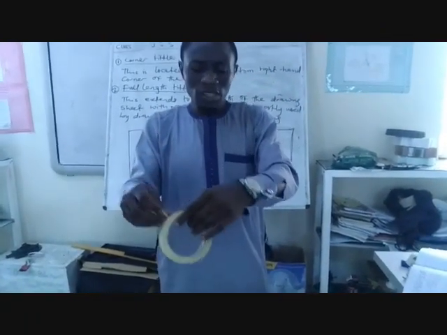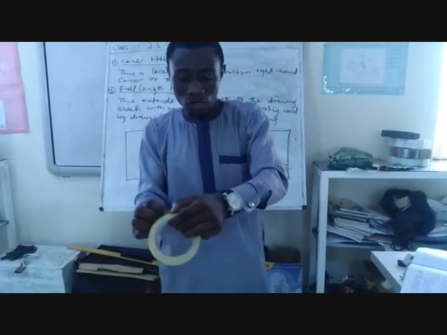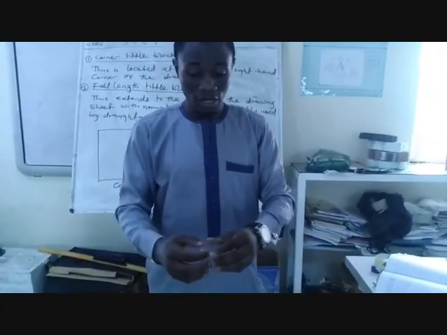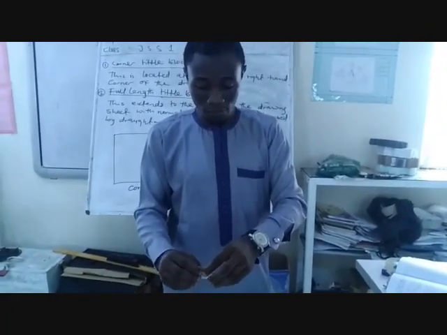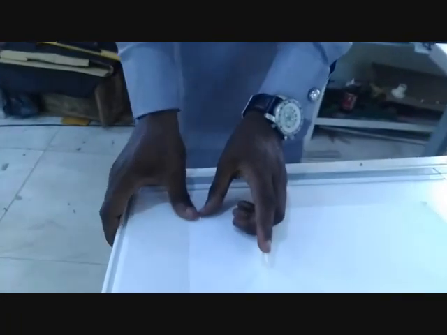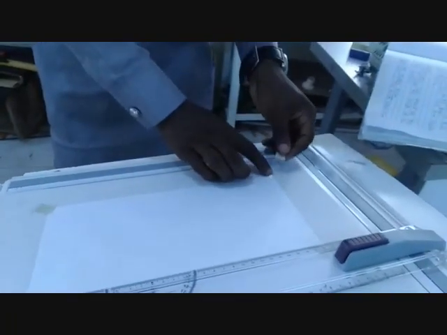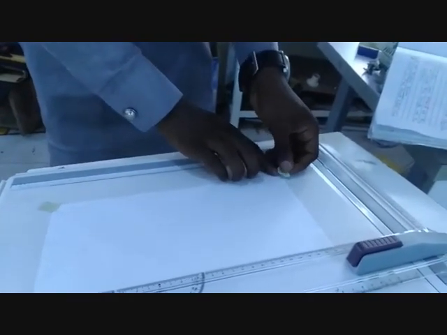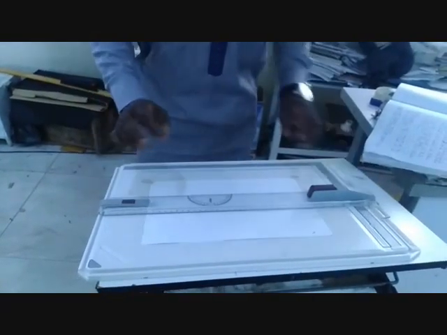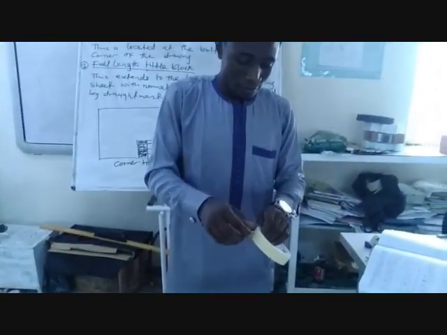This masking tape is going to prevent the drawing paper from shaking. If you put your masking tape, you can put it here. Then you can put another one here. Can you see? Then you can remove your T-square and put the rest.